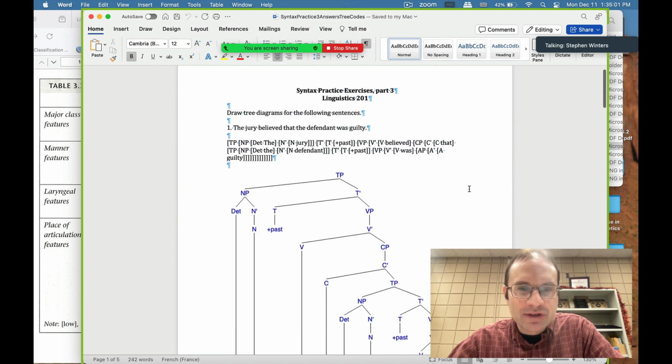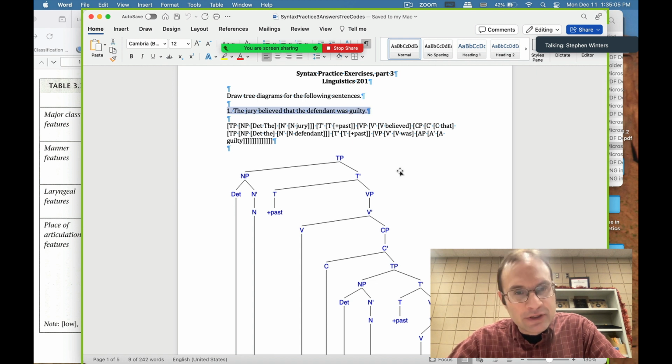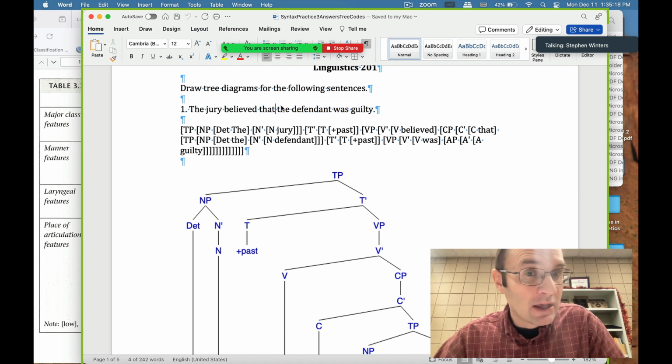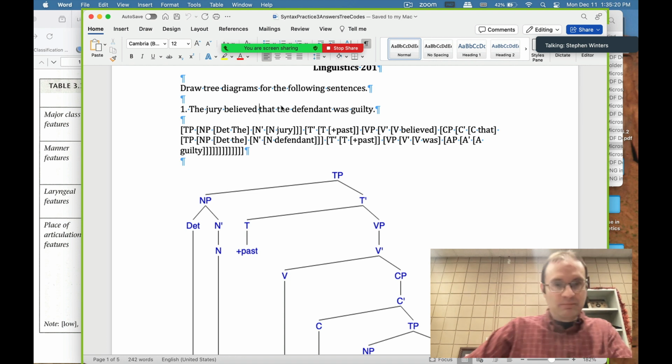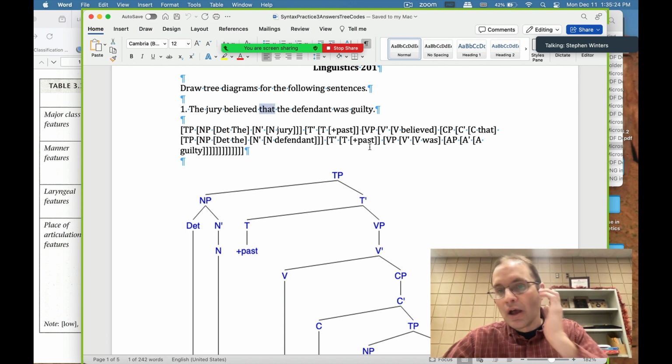This is from the practice exercises. So the jury believed that the defendant was guilty. The embedded sentence is the defendant was guilty. It gets embedded within the bigger sentence with the complementizer that.